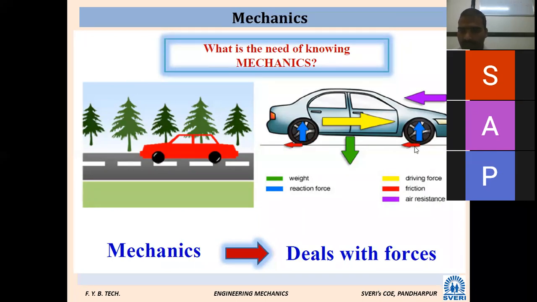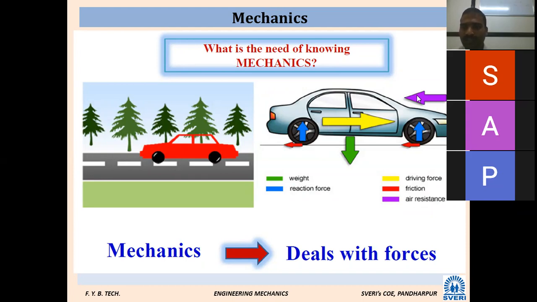And at the wheel, when the body is moving in this direction, there is an opposite friction force. What is this one on the left side? This is the frictional force. Why is it on the left side? Because the vehicle is moving in the right direction. Friction is always opposite to the motion.